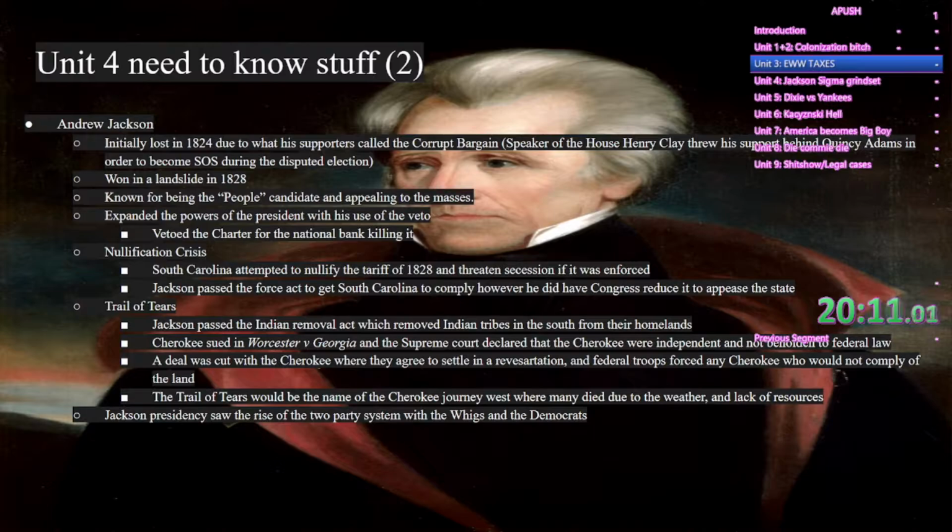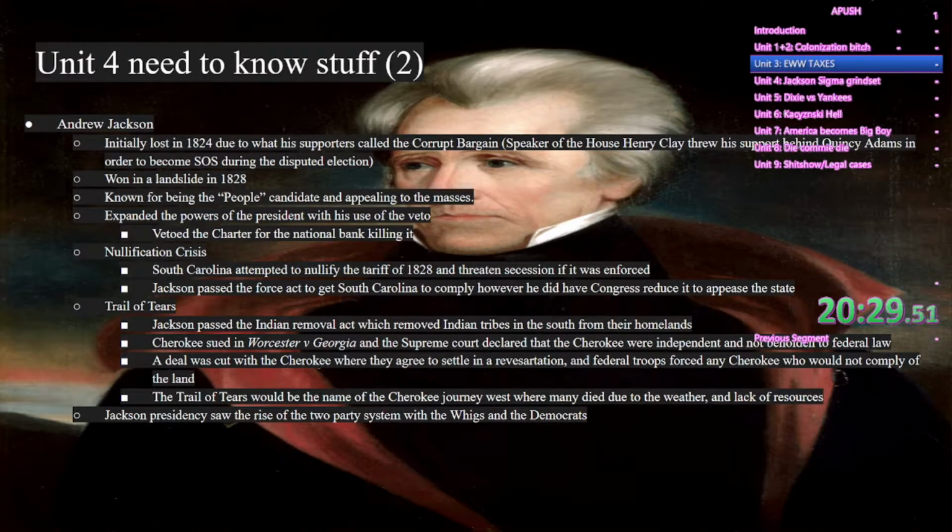Then Quincy Adams made Clay his Secretary of State, which Jackson and his supporters called the corrupt bargain, because it was alleged that there was a backroom deal between them.